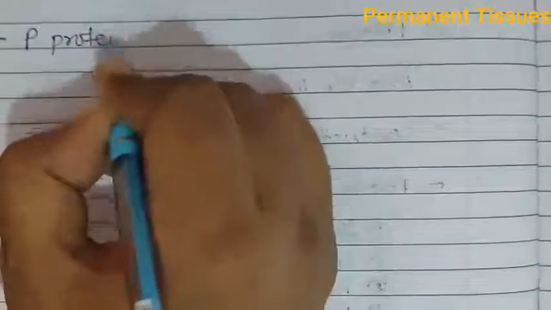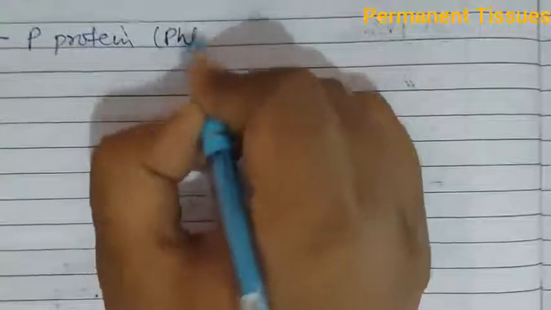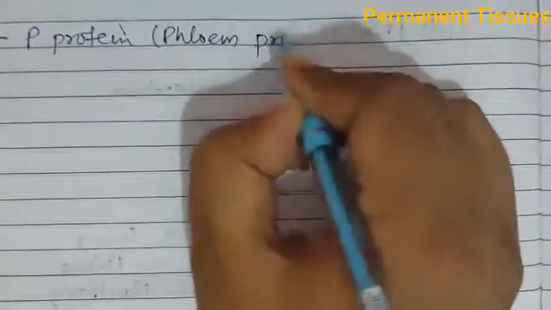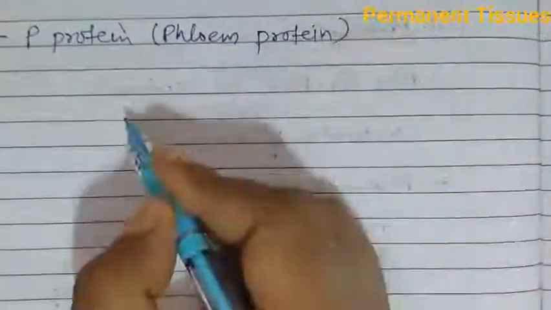Now they have P protein, known as phloem protein.